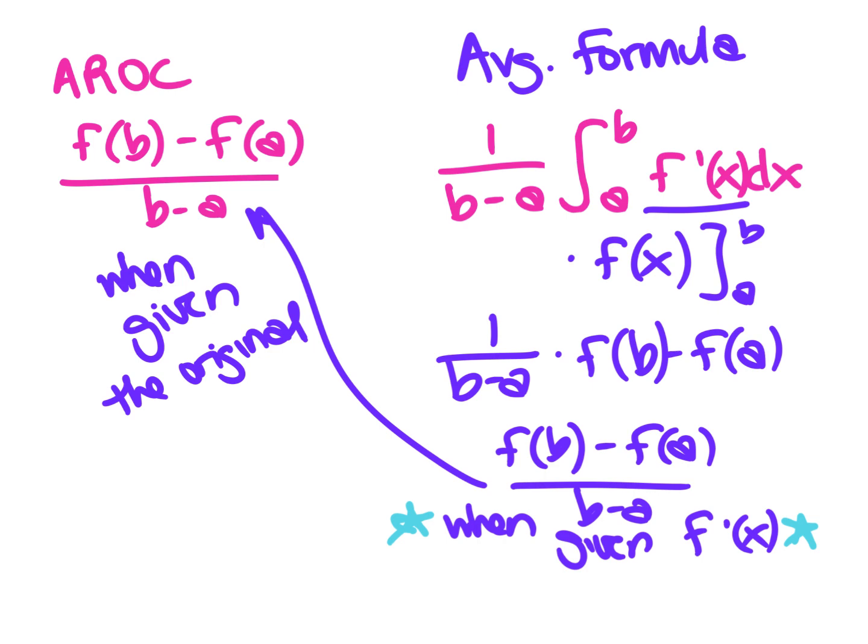This makes total sense. When you use which one. So if you get that down, when do you use which one in a word problem, it's going to make a whole lot more sense to you. If you're given the rate of change formula, you're going to use your average value formula. If you're given the original, the position one, you're going to use your average rate of change formula, and they're going to give you the same thing, okay?